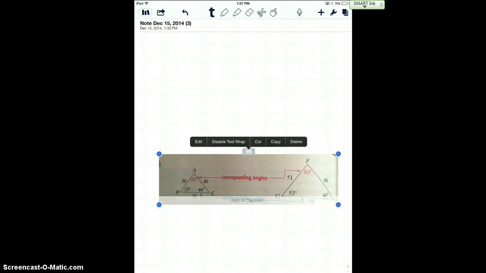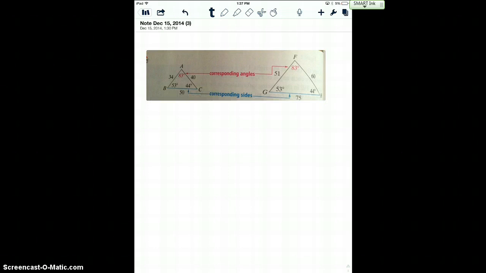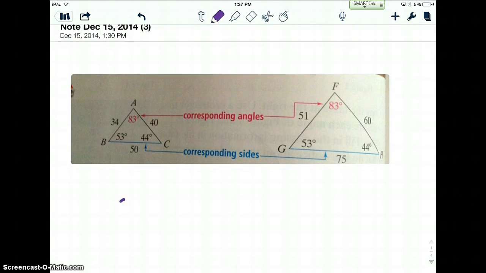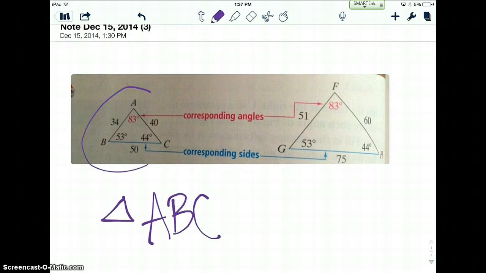So if I give you an example of what that looks like, here I have an example of 2 shapes, 2 polygons. In this case, triangles. And if I label them, triangle ABC is similar, and this is the little mathematical notation symbol for similar, to triangle FGH.